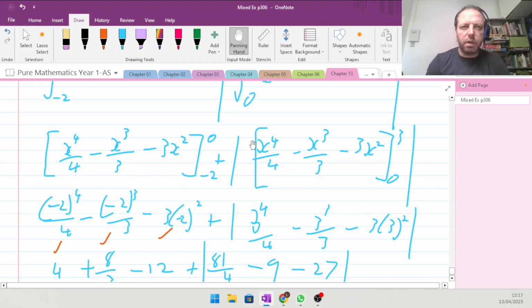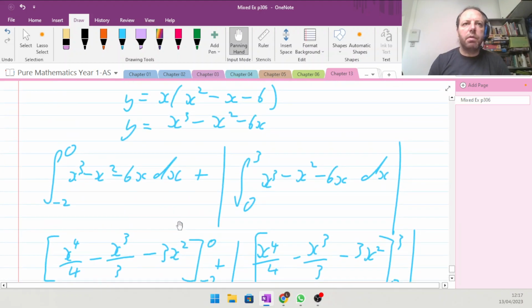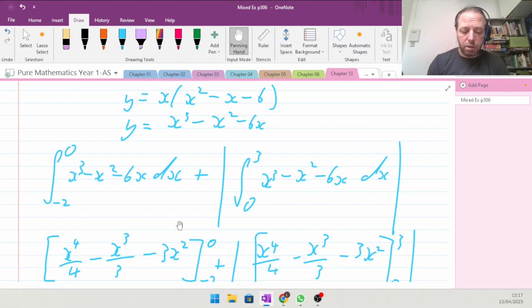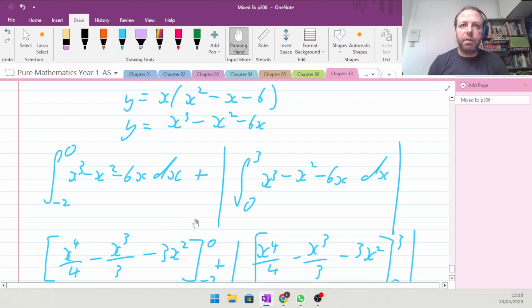So putting it through, if we were to run it through a calculator, x to the power 3 minus x to the power 2 minus 6x, from minus 2 to 0, 16 over 3 is what it gives me.